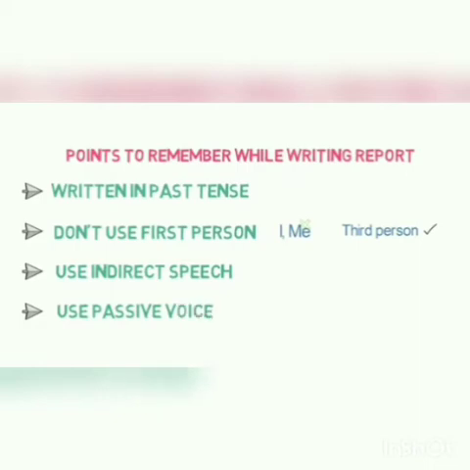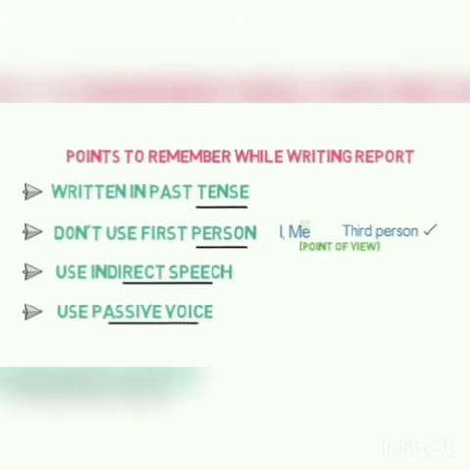And you can use indirect speech and passive voice. So you should write in past tense, use indirect speech and passive voice, and use the third person. You should not use the first person. Okay, children, you should keep all these things in your mind while you are writing a report.